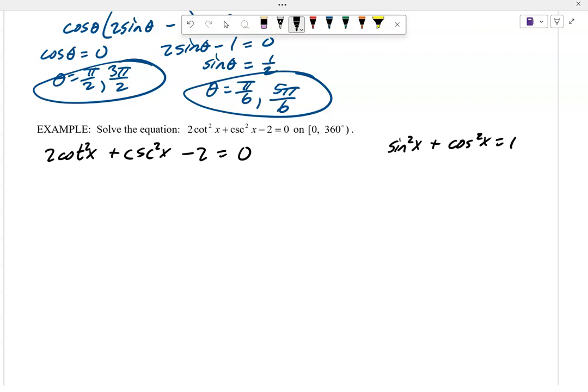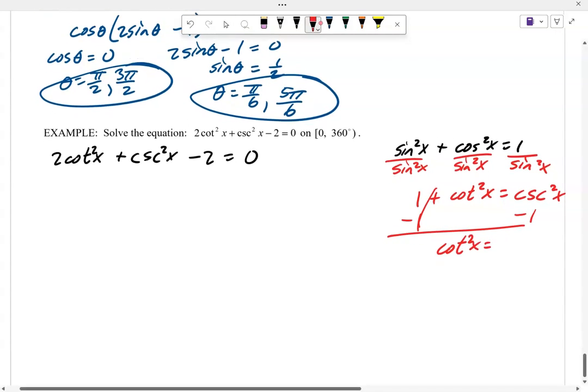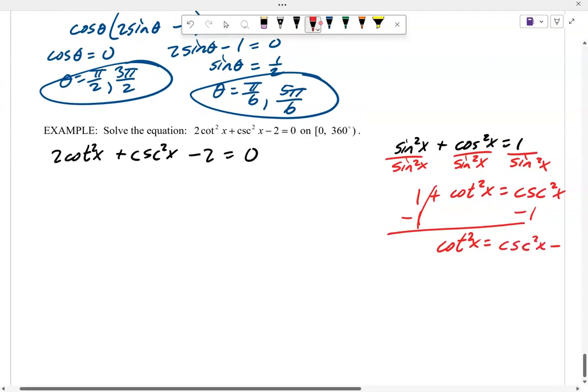So if I divided everything by sine squared, I'd have 1 plus cosine squared over sine squared. Cotangent squared is cosecant squared. And so cotangent squared is cosecant squared minus 1.